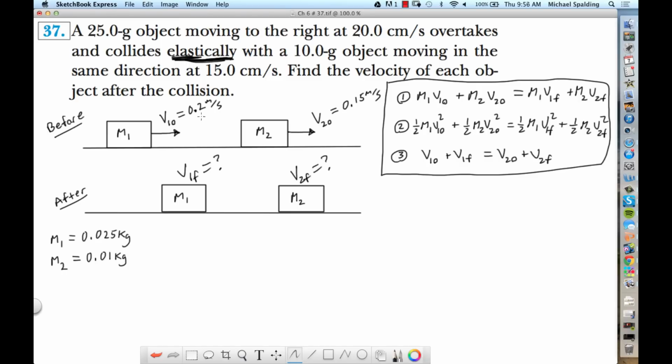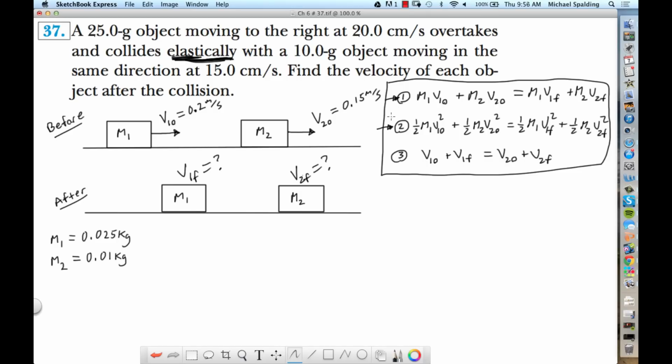We have the 2 initial velocities, but we're looking for the 2 final velocities. If you have 2 unknowns, how many equations must you have? 2. So what are the 2 equations that you have for an elastic problem? You have conservation of momentum, which is equation 1, and you have conservation of kinetic energy, which is equation 2.